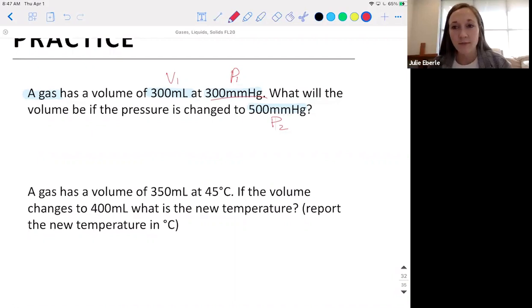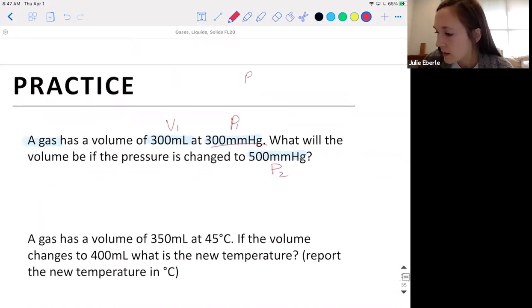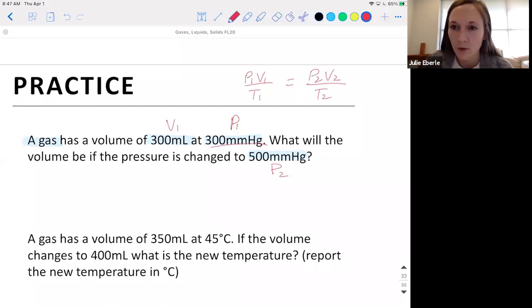If you just memorize the combined gas law, P1 V1 over T1 equals P2 V2 over T2, you don't have to go through and be like, okay, is this Boyle's, Charles's, or I don't know. Just know the combined gas law, see that you have nothing about temperature in here, so just get rid of temperature.